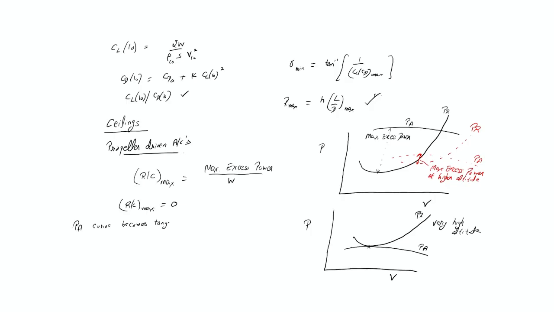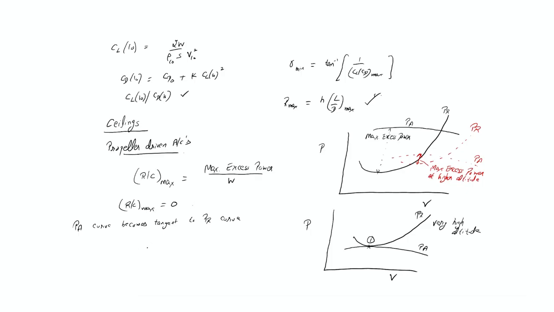Where velocity, say for example this is V1, velocity V1 is the only value at which steady level flight is possible. Let me repeat, velocity V1 is the only value at which steady level flight is possible. That is, there is zero excess power, that is maximum rate of climb is equal to 0.